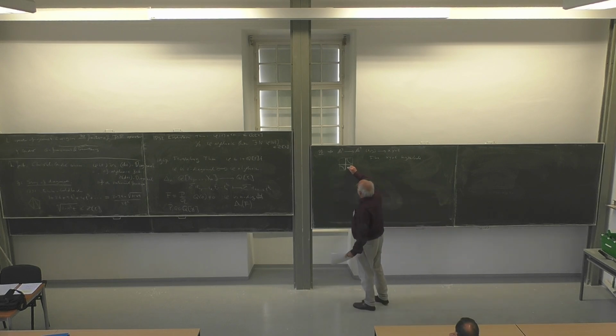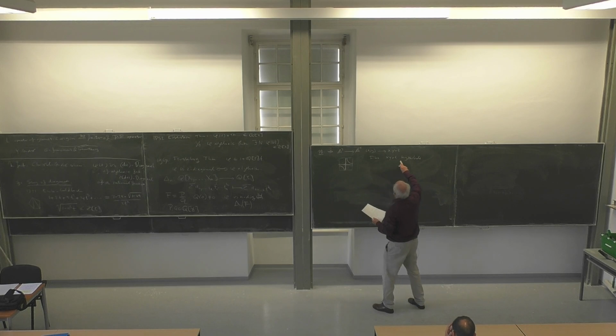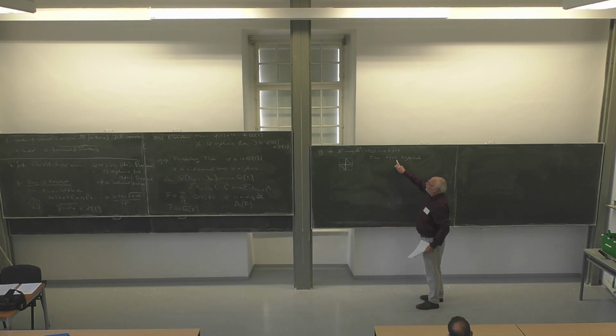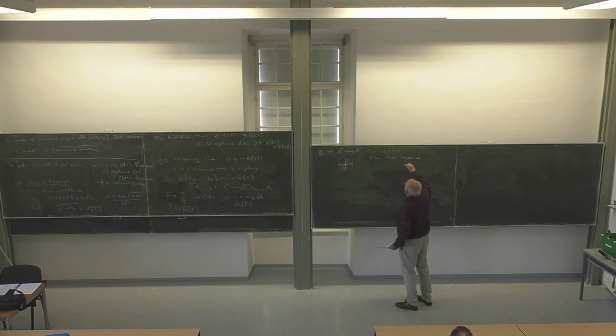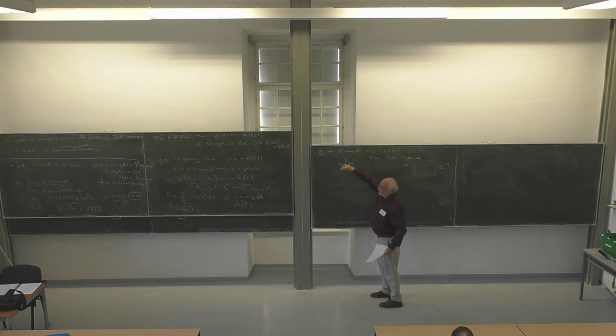And this hyperbola xy equals t, if t is non-zero, then of course x can be eliminated, and y is t over x, or you can eliminate y as t over x. So this hyperbola is just isomorphic, by looking at the x or the y coordinate, to C star. And the hyperbola is just a copy of the plane where you remove the origin.